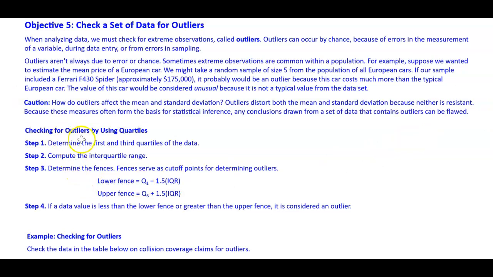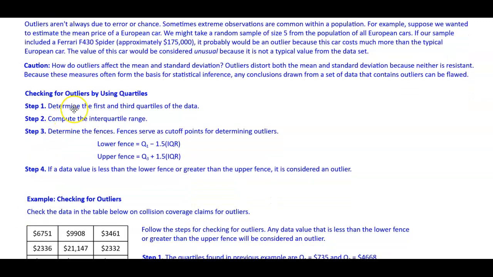Now, checking for outliers by using quartiles. Step 1, you determine the first and third quartiles of the data. Step 2, you compute the interquartile range. And step 3, you determine the fences. Fences serve as cutoff points for determining outliers.